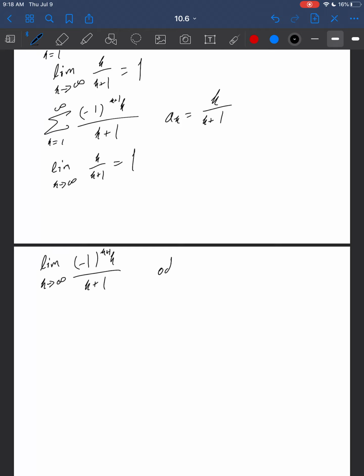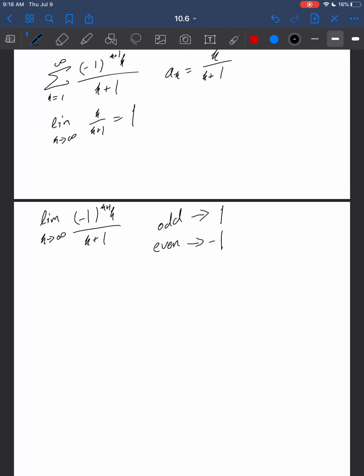Okay, anyway, if we look at this limit right here, for all of the odd terms, the negative 1 to the k plus 1 is going to go away, so these are going to converge to 1. But all of my even terms, where I still have this negative here, are going to converge to negative 1. And so what this is going to look like is something where we bounce around in my even and odd terms between getting closer to 1 and negative 1.